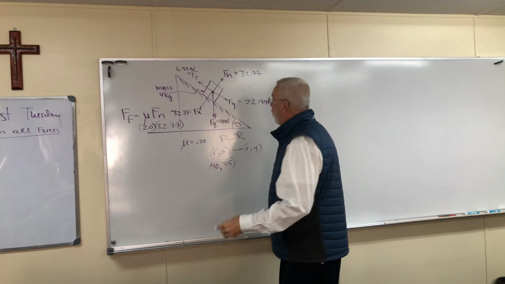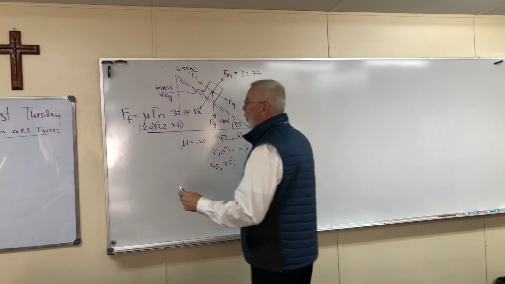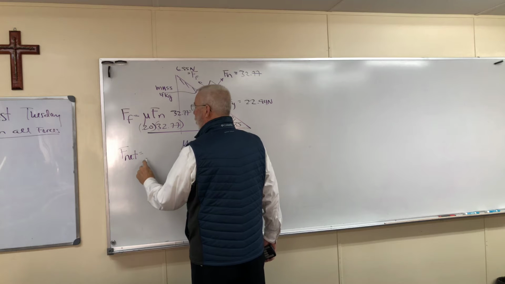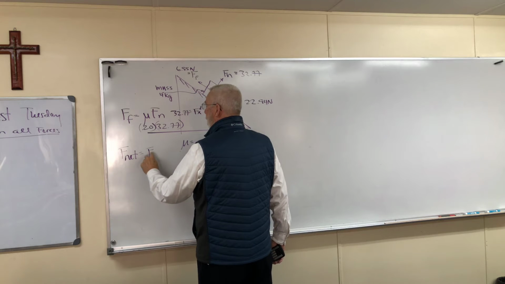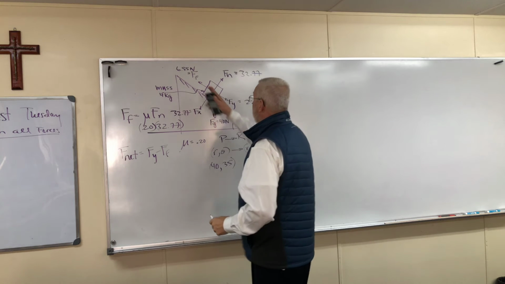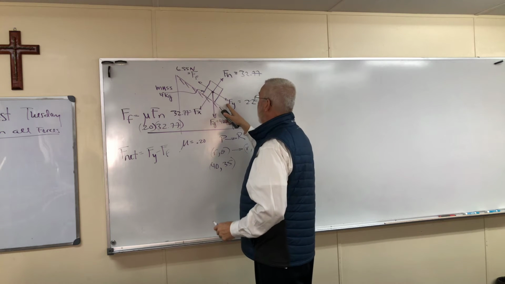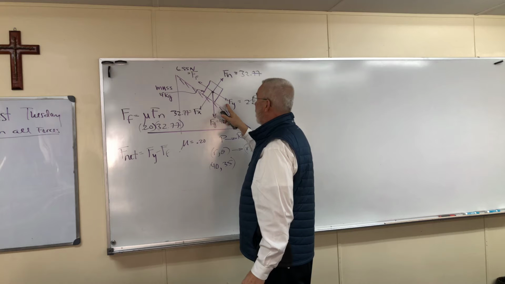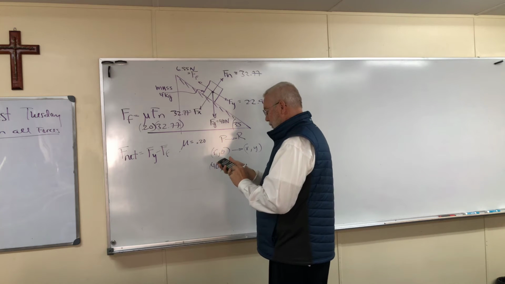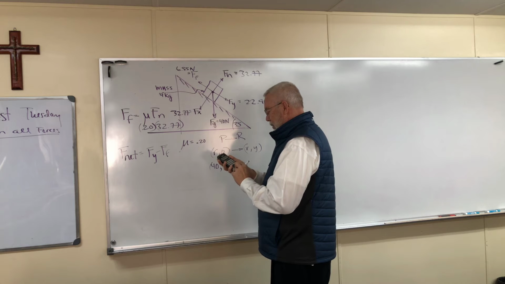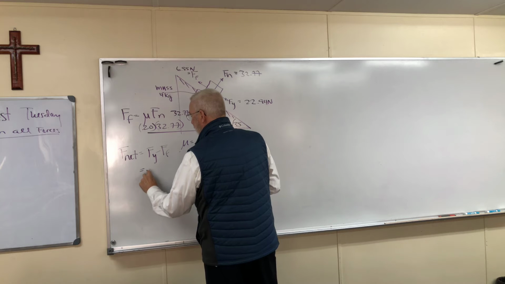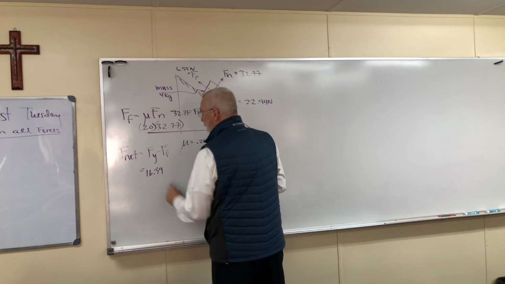Now, to solve for the net force in this problem will be equal to F of Y minus the force of friction, because these are the two forces that are acting in the direction of the motion. And so we have 22.94 minus 6.55 is 16.39.